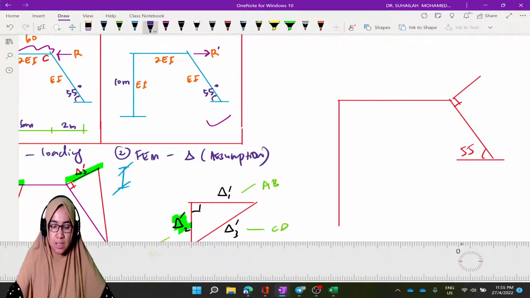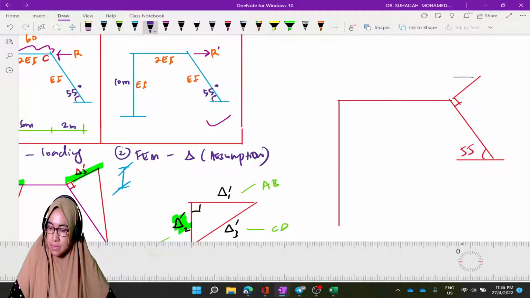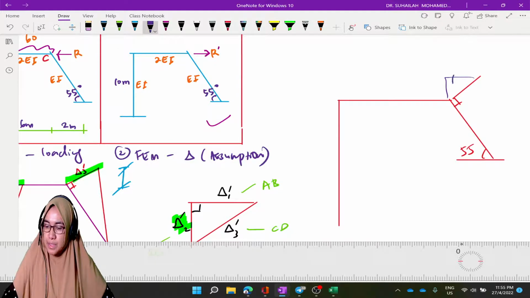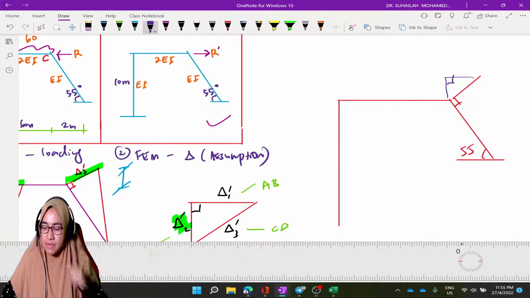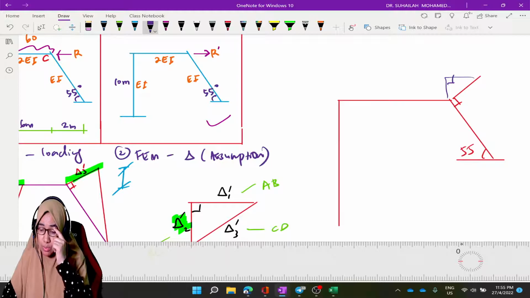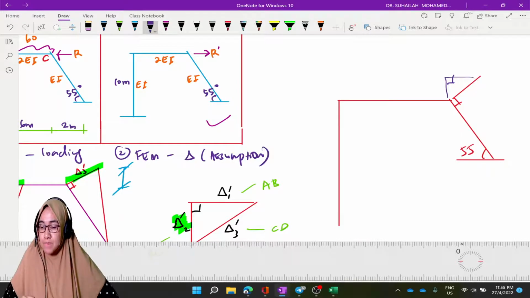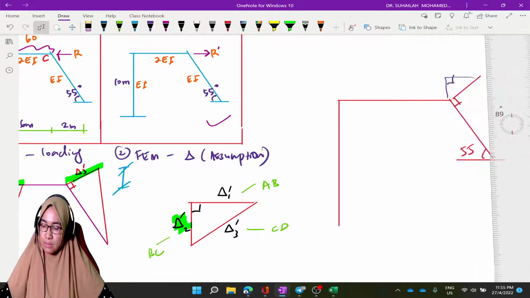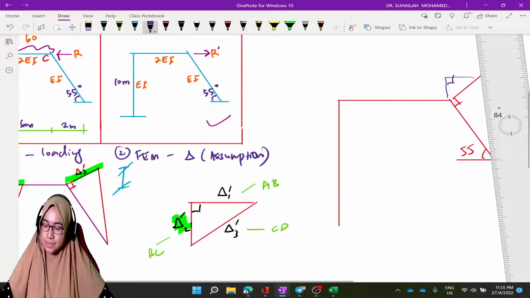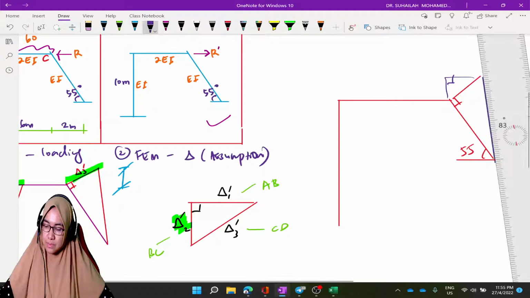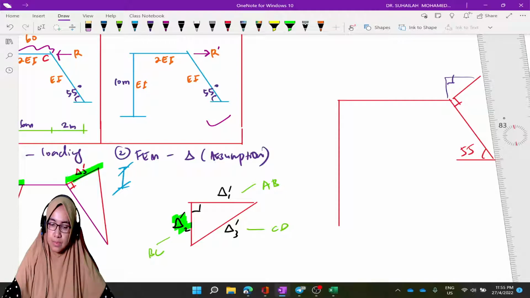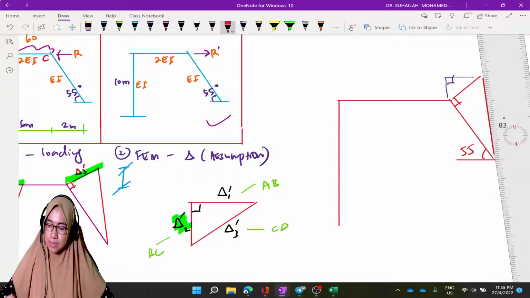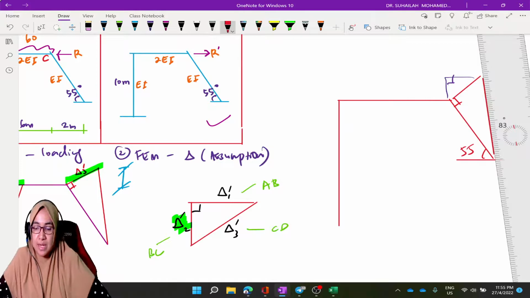We actually have the triangle which represents this. 55 actually belongs to one triangle. So we have to identify the angle.